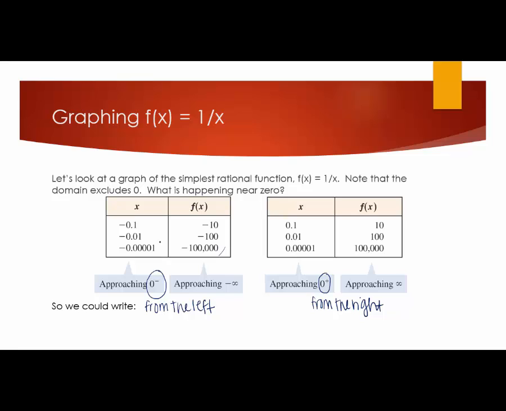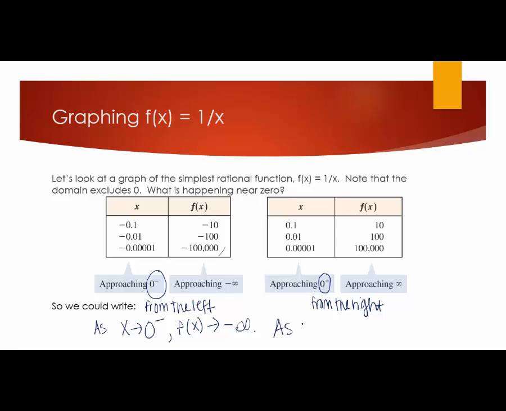We could write, let me use notation that we're familiar with for end behavior. We could write something like, as x approaches 0 from the left, f of x approaches, well that's this one, negative infinity.